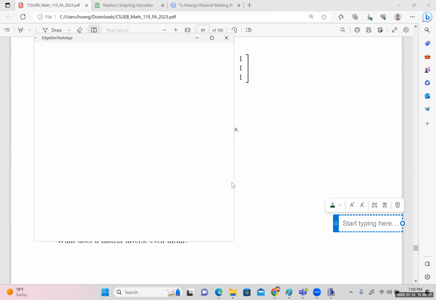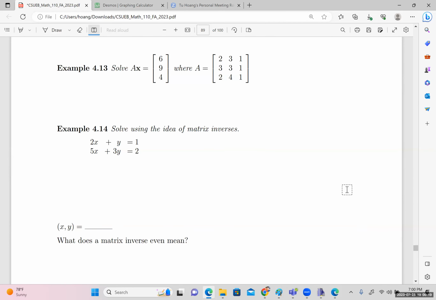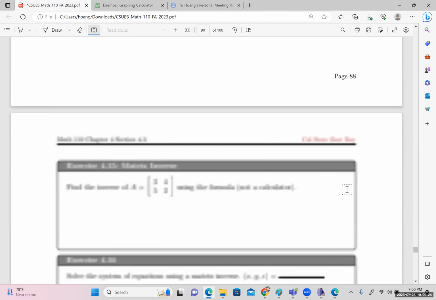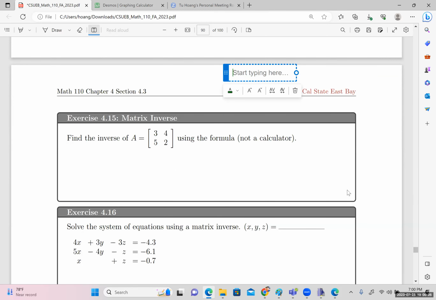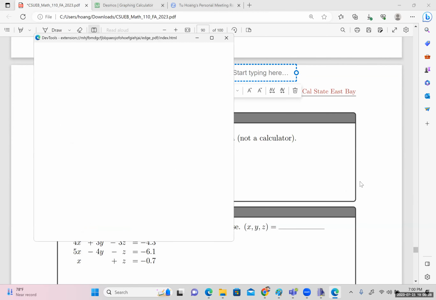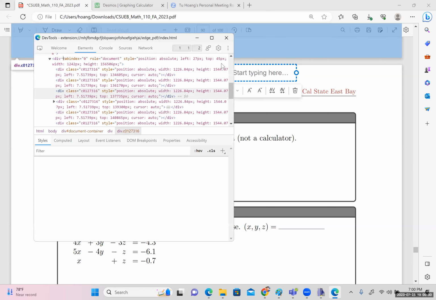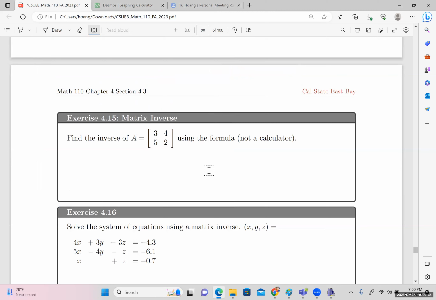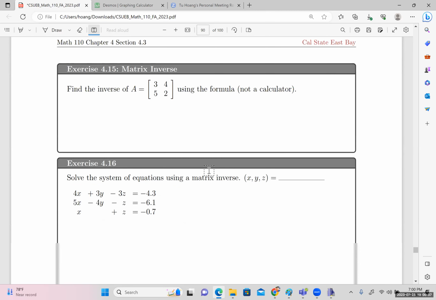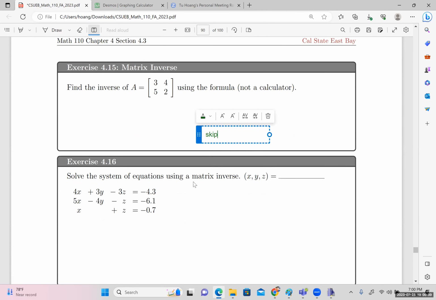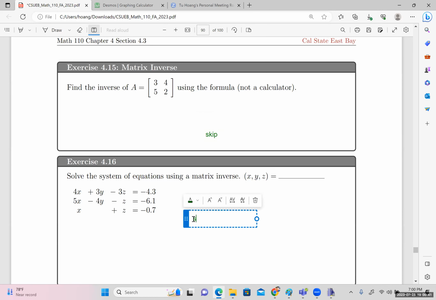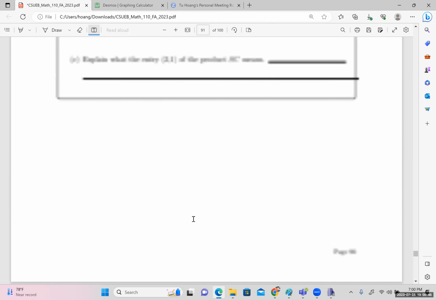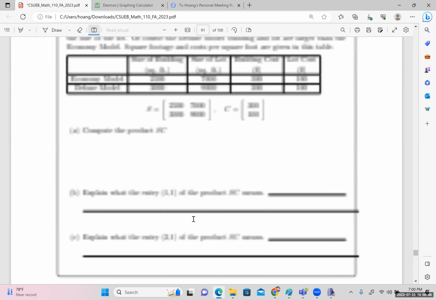It's all talking about inverse, so I'm not going to cover this. We'll skip all this. Okay. Anything else?